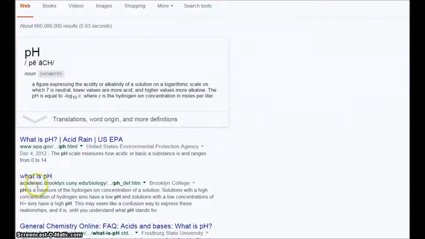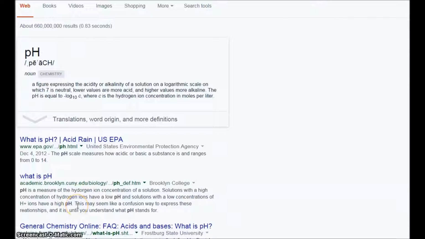Here's another one, from a university in New York. So what is pH? pH is a measure of the hydrogen ion concentration of a solution. Solutions with a high concentration of hydrogen ions have a low pH. So if your number is small, you're more acid. And solutions with a low concentration of hydrogen ions have a high pH.